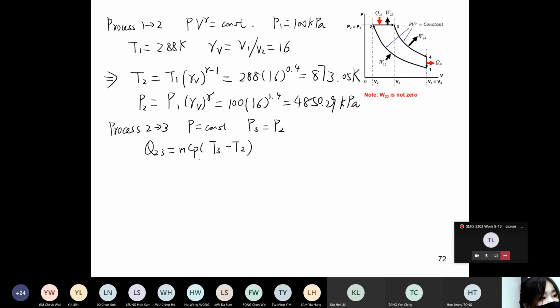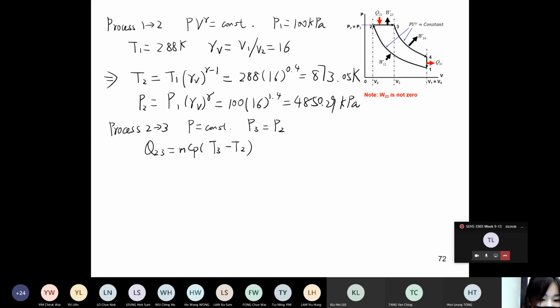Remember the equations? I have already derived it for you. Here we have the work output and the heat supply. We rearrange the non-flow energy equation. We get this result for the heat supply. Let's plug these numbers into this equation.